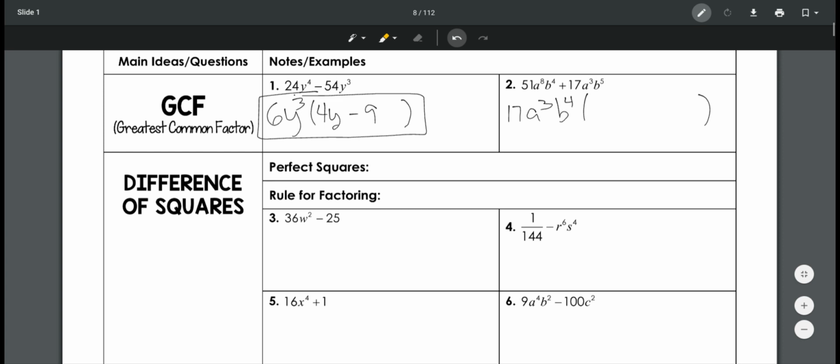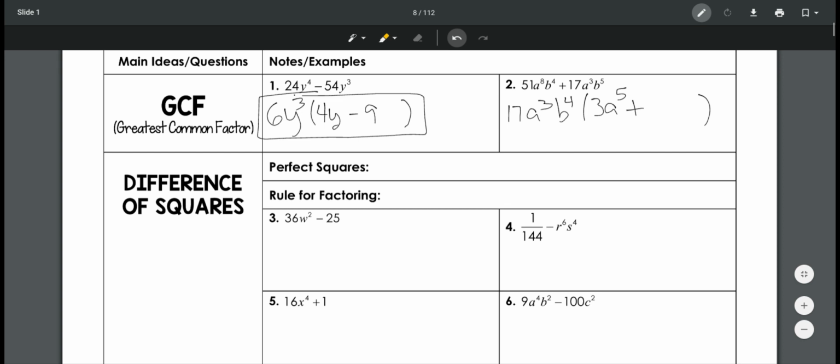So 51 divided by 17 is 3. 8 minus 3 gives me a to the 5th. When I look at the exponents on b, 4 minus 4 is 0, so that cancels out. When I go to the second term, 17 divided by 17 is 1. A to the 3rd, when I subtract 3 minus 3, I get 0, so I don't have any a's for the second term.